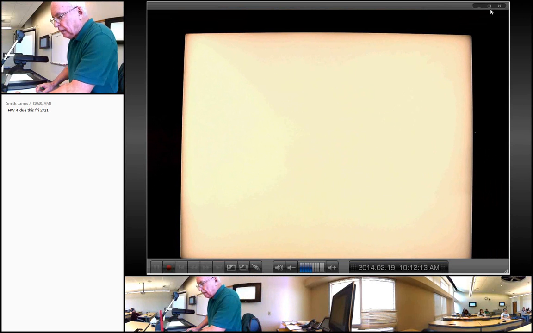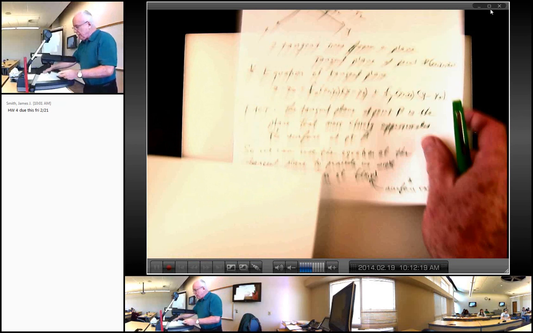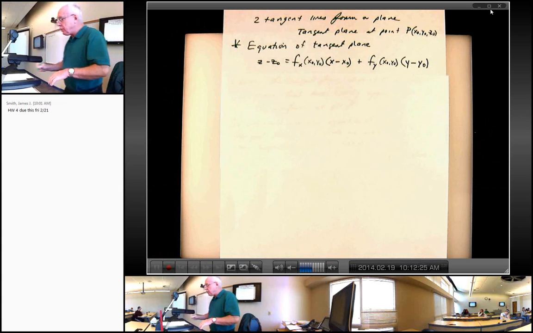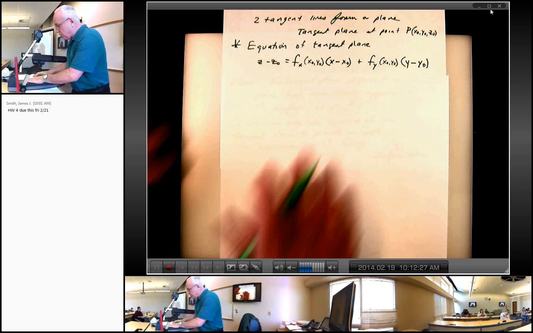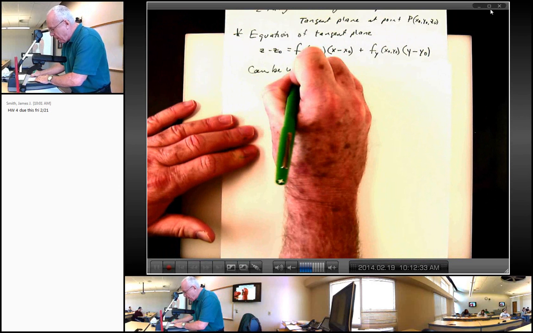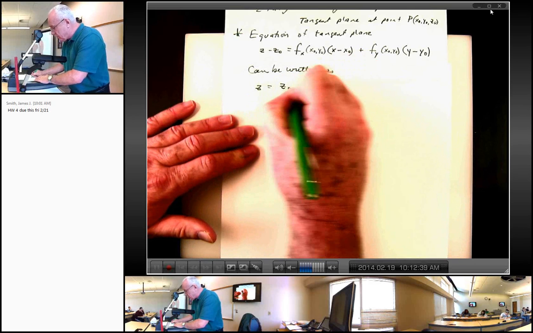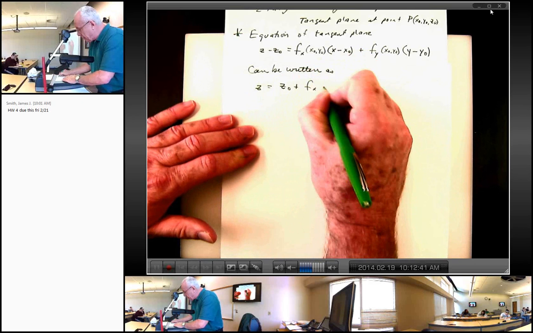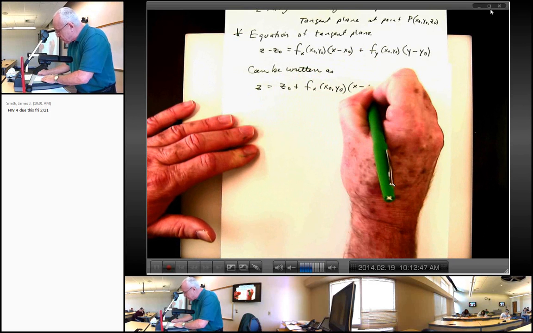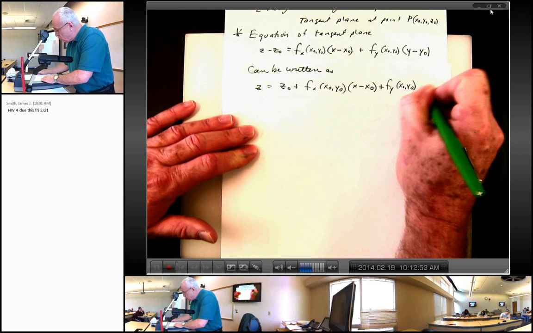Now, let me rewrite the equation of the tangent plane. Here we had it written as z minus z naught. All I'm going to do is put the z naught over onto the other side of the equation. So it can be written as z equals z naught plus the partial derivative with respect to x at x naught, y naught times x minus x naught, plus the partial with respect to y at x naught, y naught times y minus y naught.